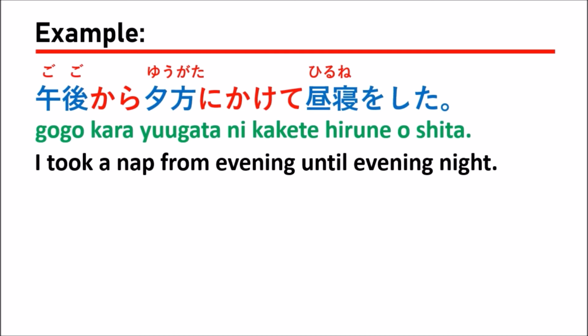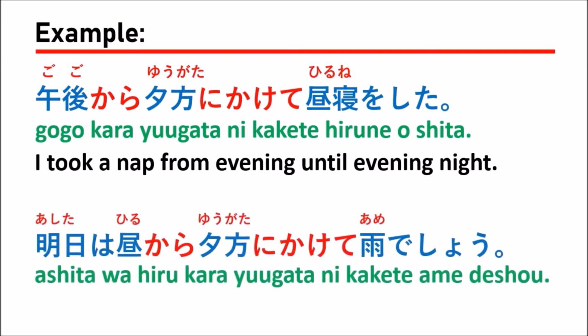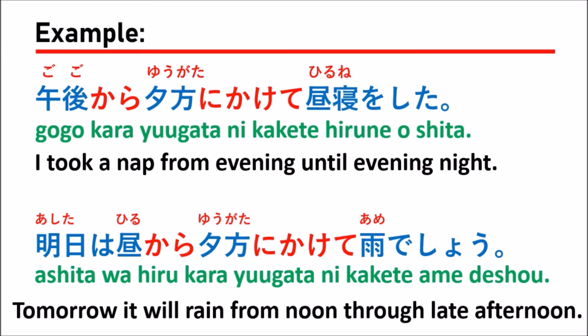The next example, 明日は昼から夕方にかけて雨でしょう。Which means tomorrow it will rain from noon till late afternoon.